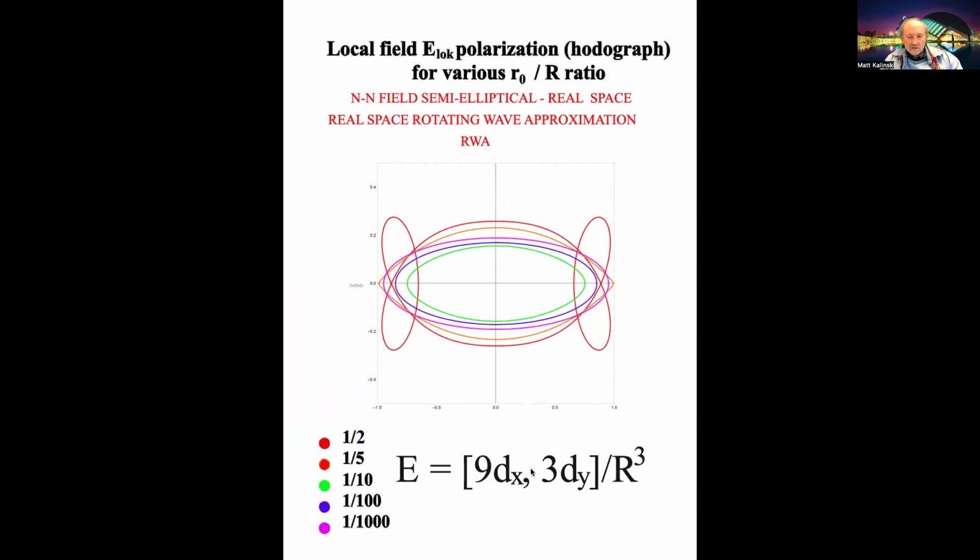Of course, you can find the components, co-rotating and counter-rotating. You find that the co-rotating has strength 6 in these units, and the counter-rotating has 3.